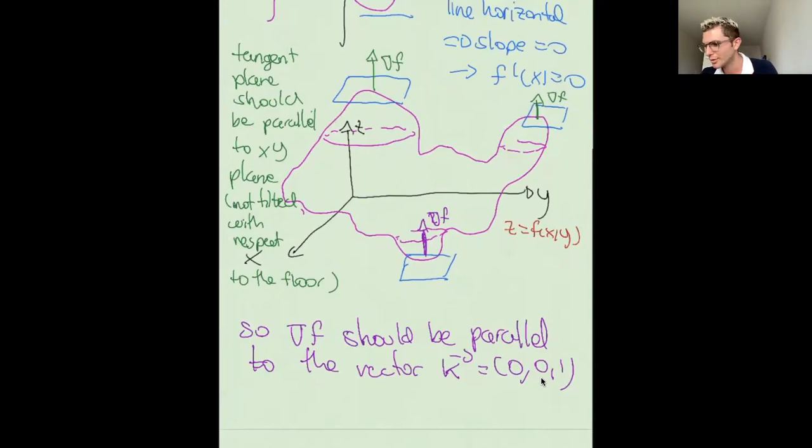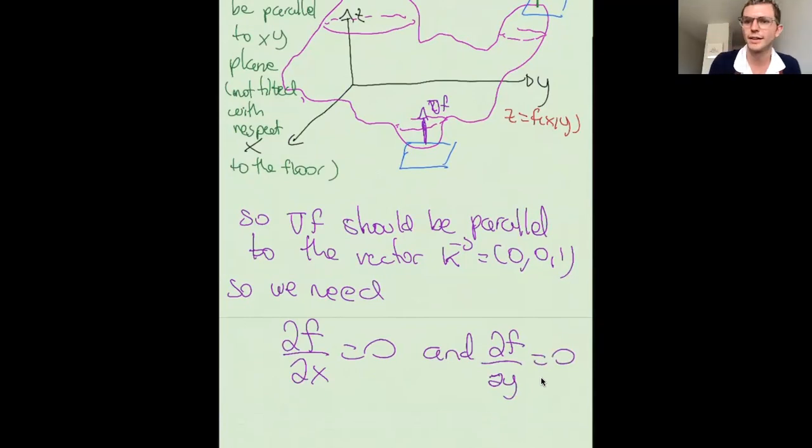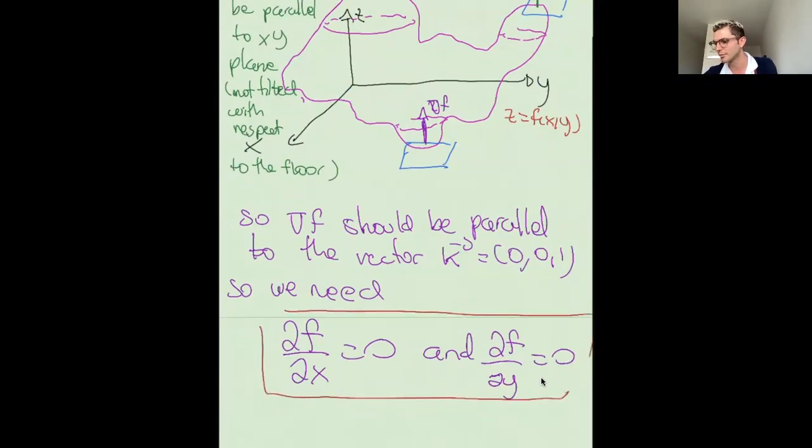So what we really need is the partial of f with respect to x equals 0, and the partial of f with respect to y equals 0. And this will be our definition for critical points. So let me just write this more clearly.